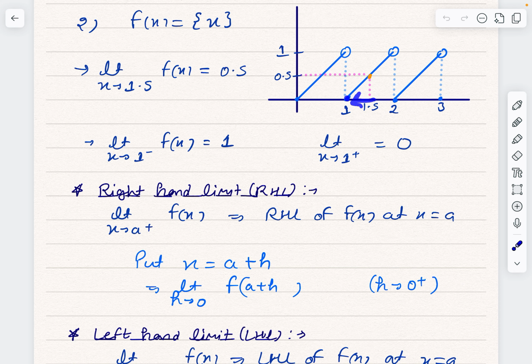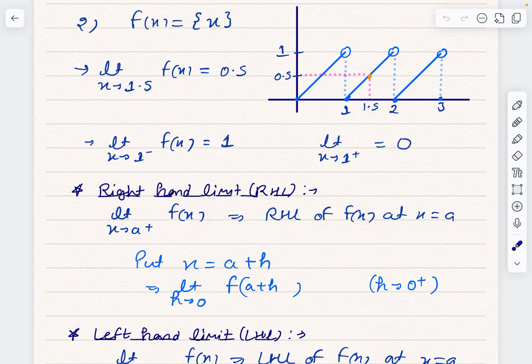When we approach from the right side, it means x will be slightly more. So if you're approaching a, for right hand limit, we'll say x tends to a positive. A positive means slightly more than a, so we're approaching from the right side. So limit x tends to a positive of f of x means RHL of f(x) at x equal to a.